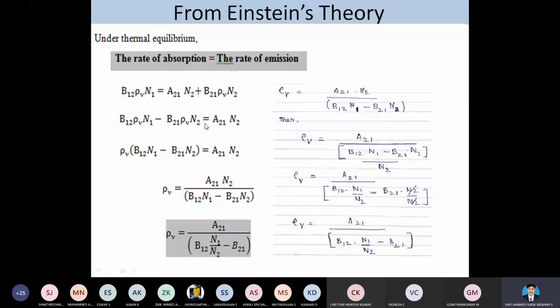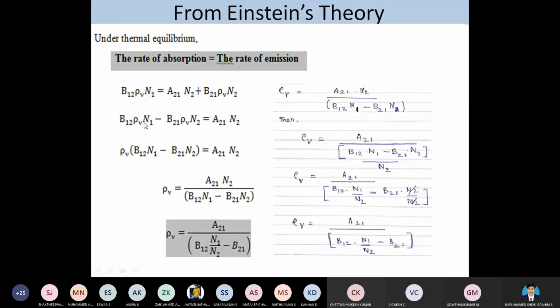After that, what we have done is we have made the constant parameters on the left hand side. B12 rho V N1 minus, so this term comes to the left hand side, minus B21 rho V N2. We can see the change. So the B21 rho V N2 comes to the left hand side. Then it becomes minus B21 rho V N2 equal to A21 N2, the same reading.